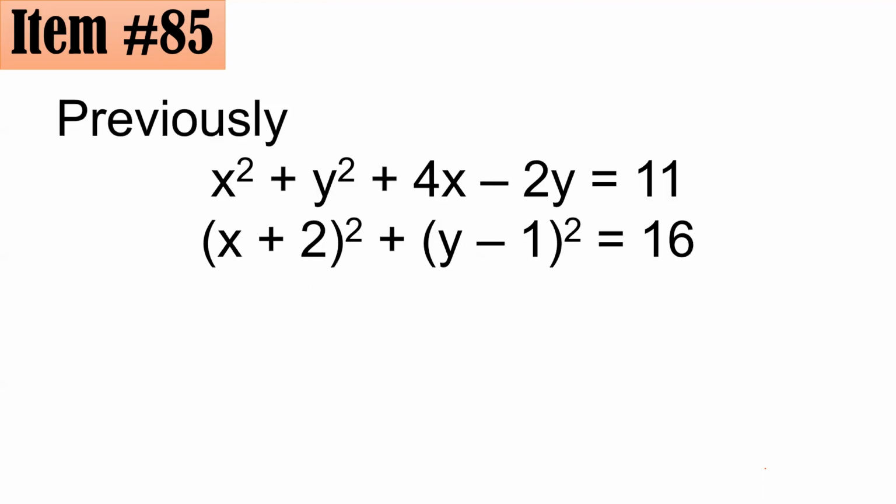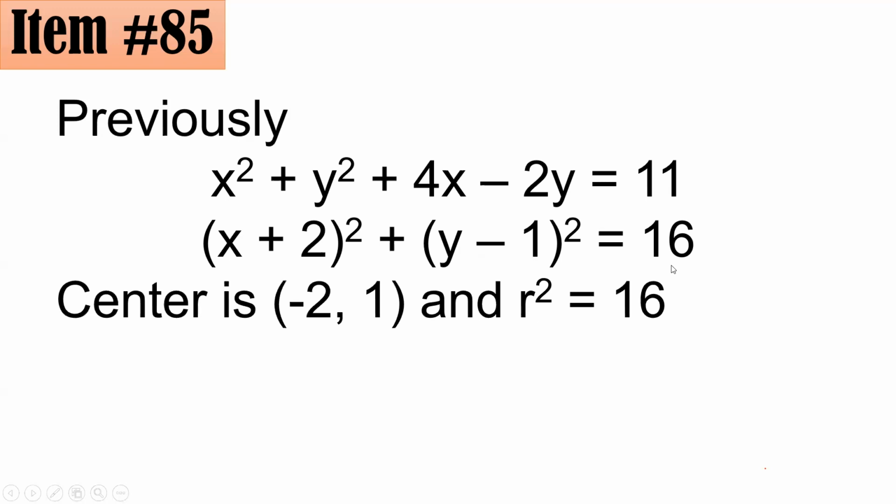Previously, we knew that the given equation in standard form is x plus 2 quantity squared plus y minus 1 quantity squared equals 16. Tandaan po natin. In standard form po natin, this constant at the right is actually your r squared. Okay? Your center is negative 2, comma 1, ang value na to po, ito po ay r squared actually.